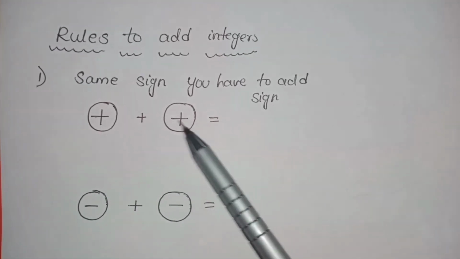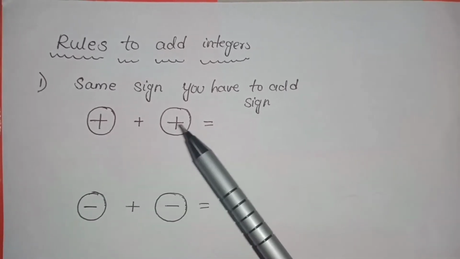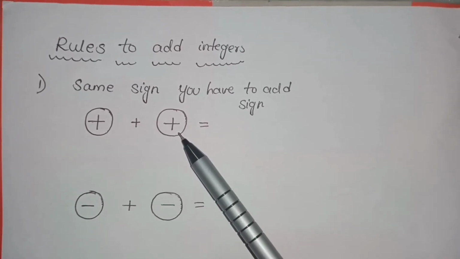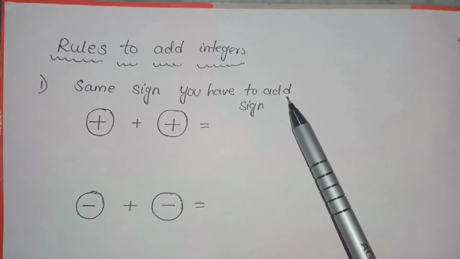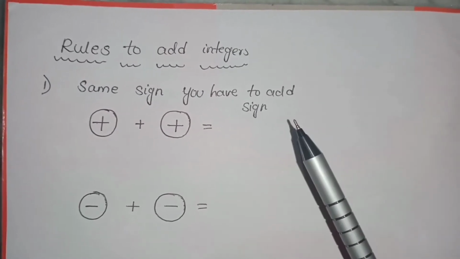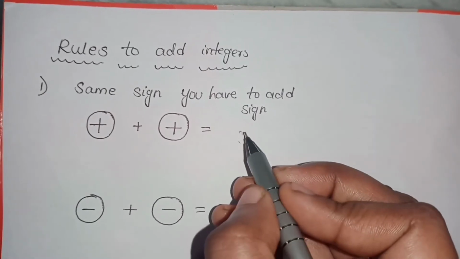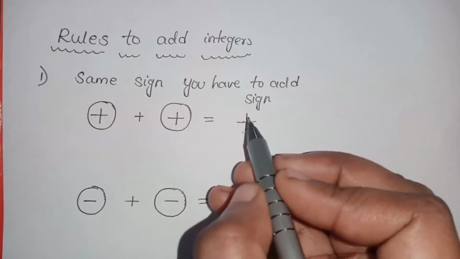First I am teaching you according to the sign. So when 2 integers have the same sign, plus, at that time what you have to do? You have to add. But after adding, which sign you have to put? You will put the plus sign.